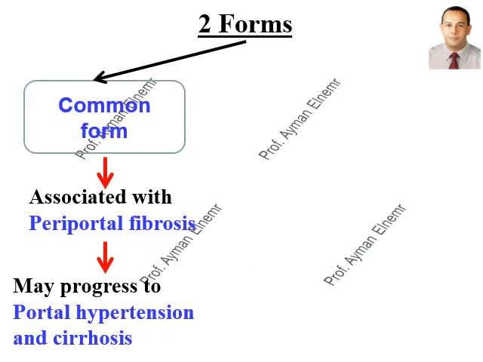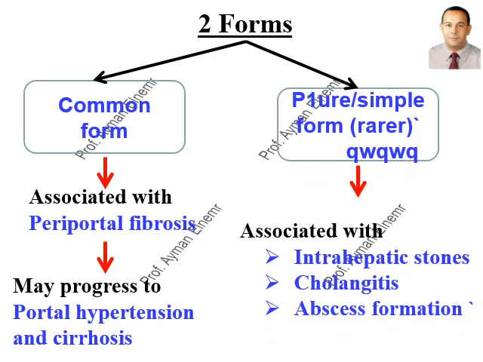There are two forms. The common form is associated with portal fibrosis that may progress to portal hypertension and cirrhosis. The pure or simple form, which is rarer, is associated with intrahepatic stones, cholangitis, and abscess formation.